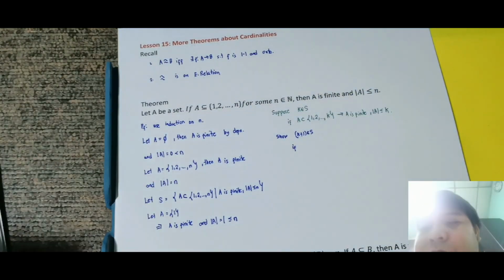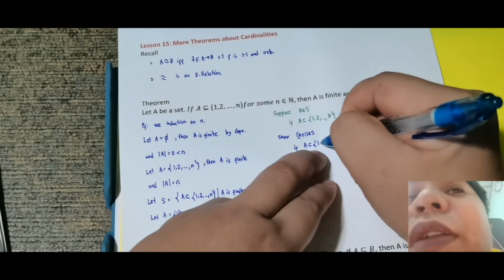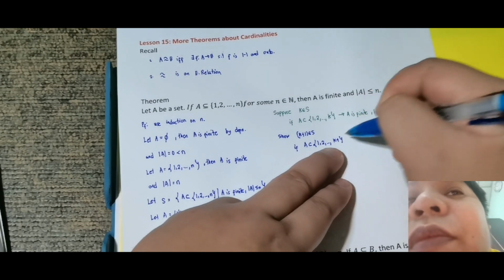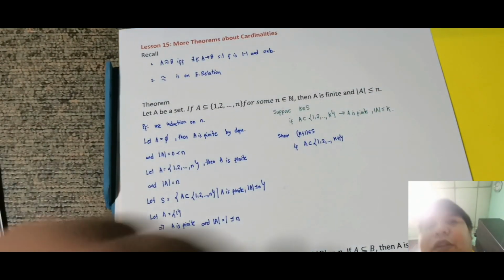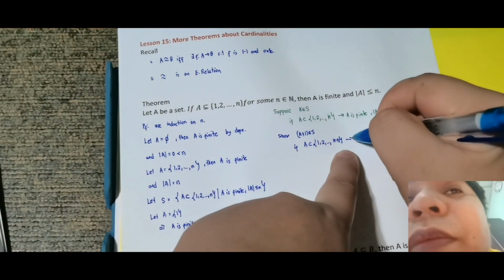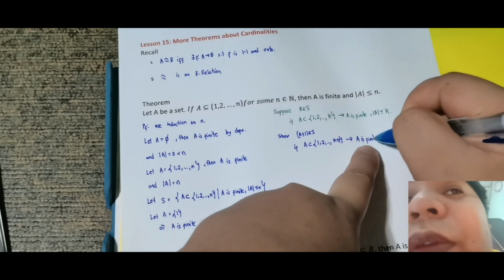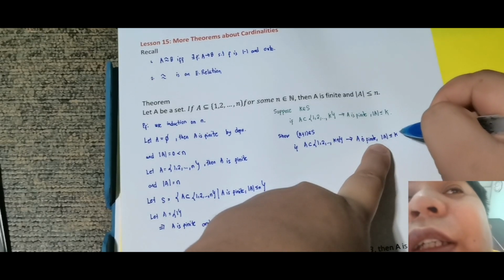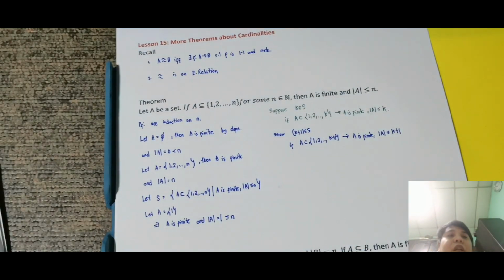That is if A is a subset of the set containing 1, 2, 3, ..., up to k plus 1. Then this implies that A is finite. Okay, then the cardinality of A is less than or equal to k plus 1. So ito yung kailangan nating i-show.